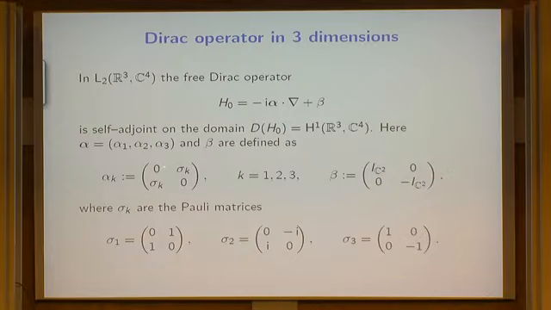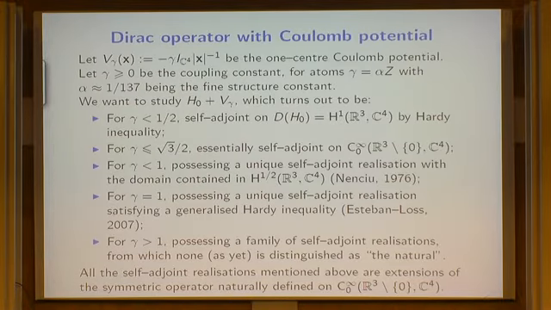Each of them has the structure 0, sigma k, sigma k, 0, and beta is just the identity matrix on the first 2 components, and minus the identity in the last 2 components, and sigma k are Pauli matrices. So the natural domain on which this operator is self-adjoint is H1 of R3, C4, but I guess every one of you knows it pretty well.